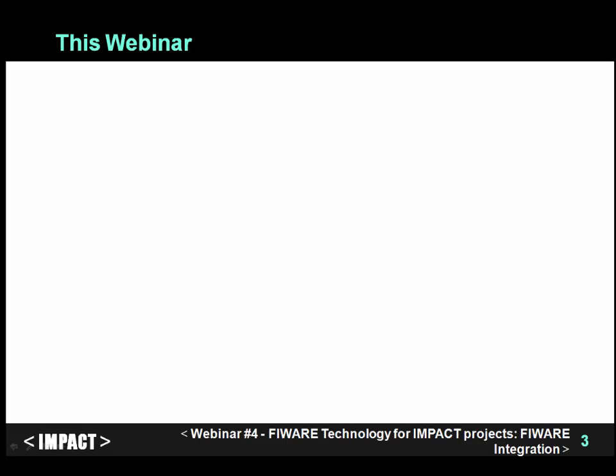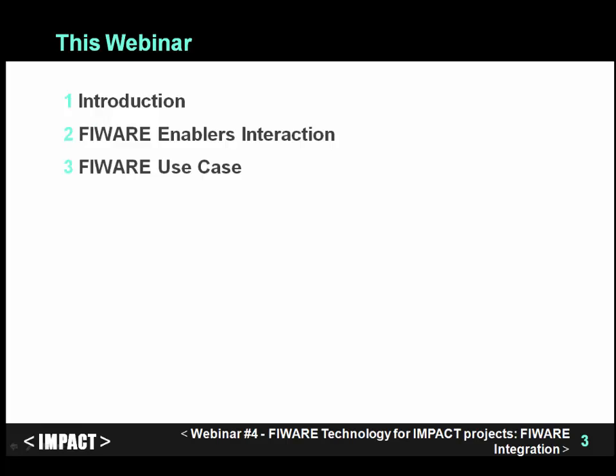This is the structure of the information I wish to present you with today, following with what I just introduced. So first, a small introduction. Then we're going to take a look at the interaction of FIWARE enablers. We're going to go and see a FIWARE use case, a very interesting one, where you will be able to see many enablers implemented and interacting among each other with a clear business goal.